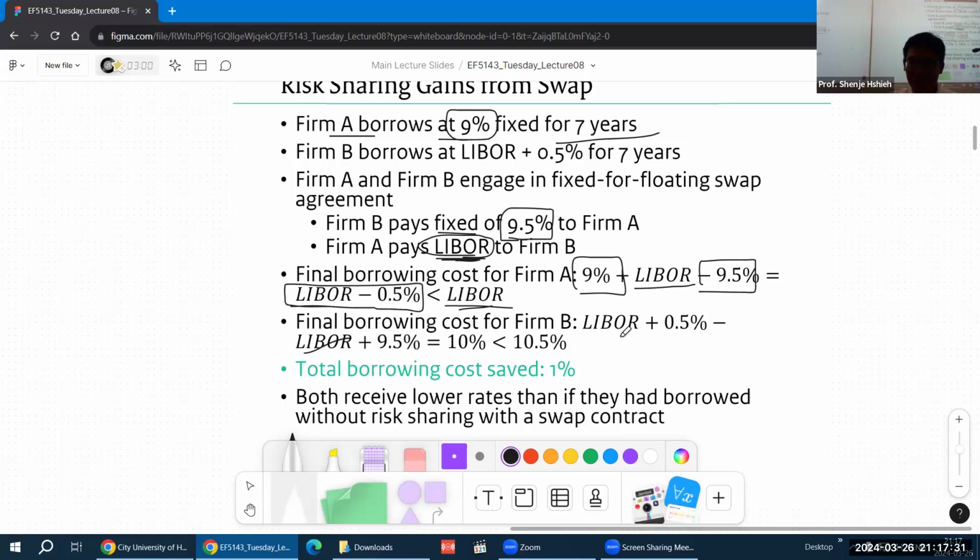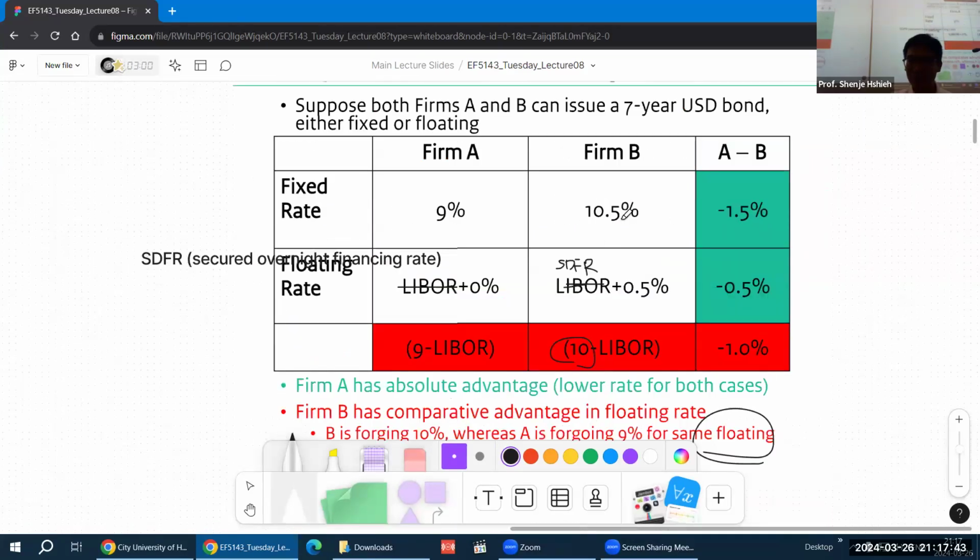So LIBOR cancels out. And it's going to be paying the fixed 9.5% plus the 0.5% margin, which is 10%. So 10% compared to what you saw previously, 10.5%, right?